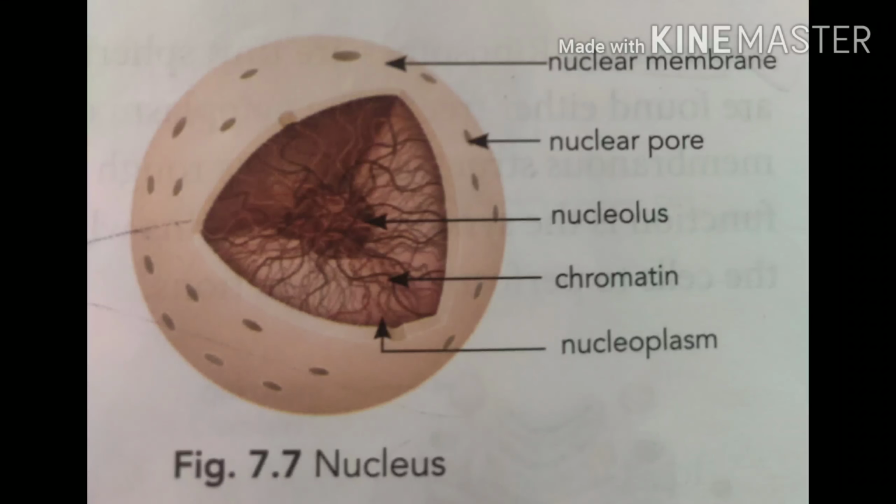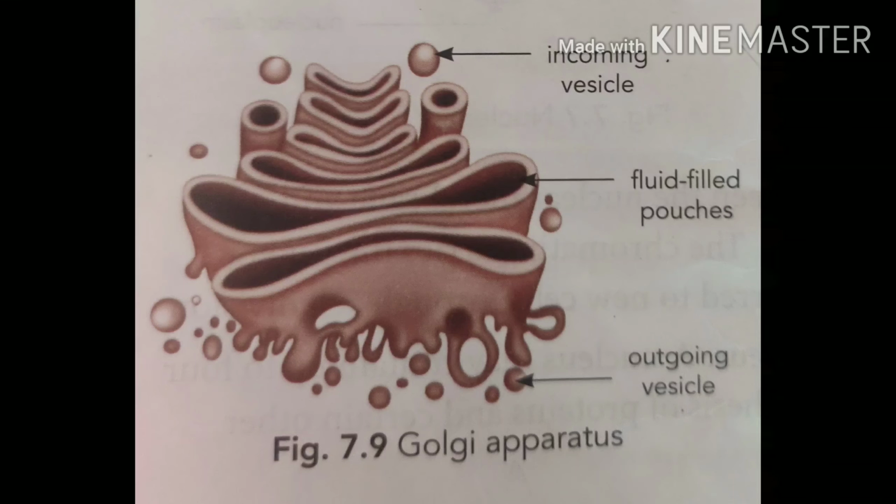Nucleolus, what is nucleolus? It is a spherical body present inside the nucleus. A nucleus may contain up to 4 nucleoli. The nucleus plays an important part in the synthesis of the proteins and certain other substances. The next is chromatin. Chromatin is also known as chromatin threads.